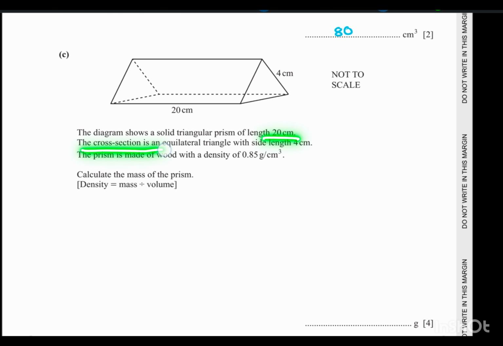The cross section is an equilateral triangle with side length 4 centimeter. The prism is made of wood with a density of 0.85 grams per centimeter cube. Calculate the mass of the prism. So first of all, we have to find out the volume of the prism.